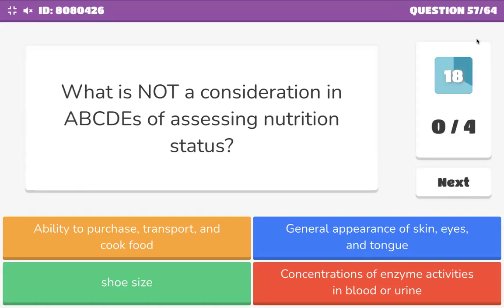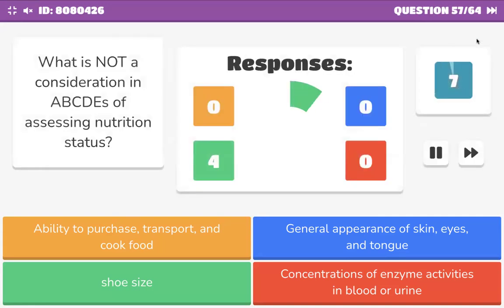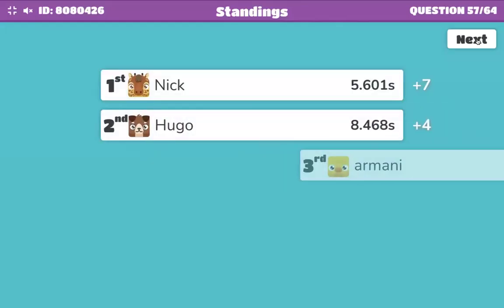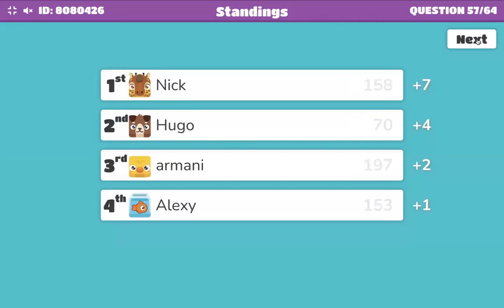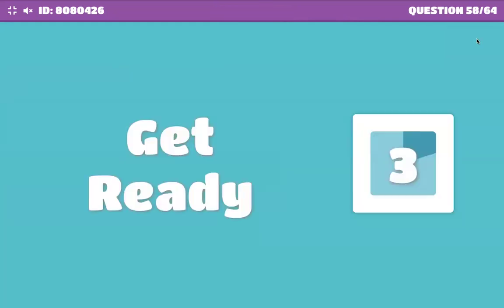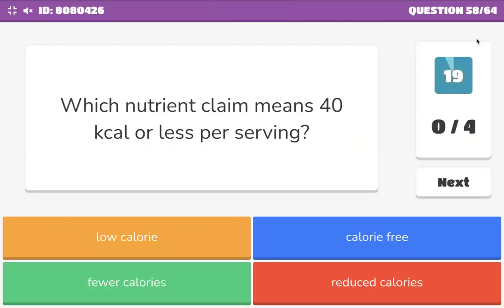What is not a consideration in the ABCDEs of assessing nutrition status of someone? Yep, shoe size. Which nutrient claim means 40 kcal or less per serving?